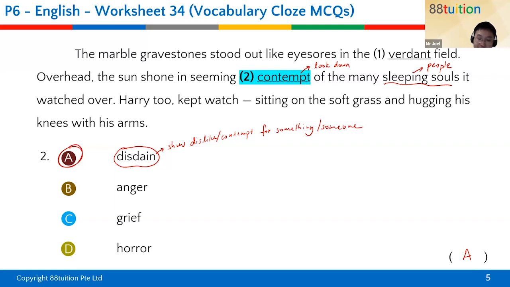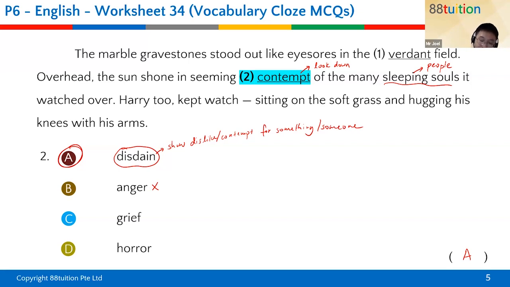Anger definitely doesn't make sense over here, because why would the sun be angry at these people sleeping, right? Maybe the sun could be looking down and disliking them because they were sleeping. The sun wants you to wake up, right? So it doesn't like you when you're sleeping, perhaps. Yeah, English is pretty tough.